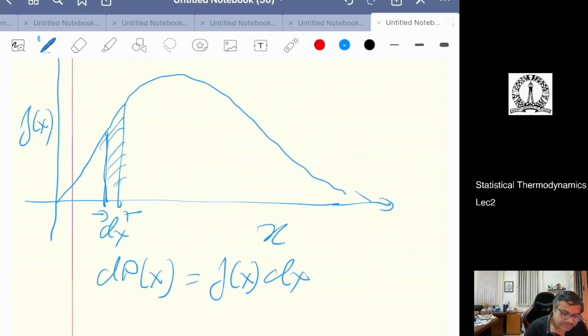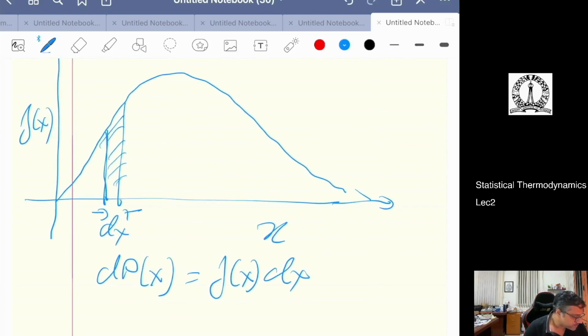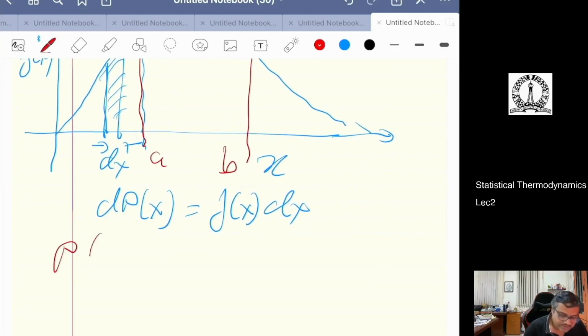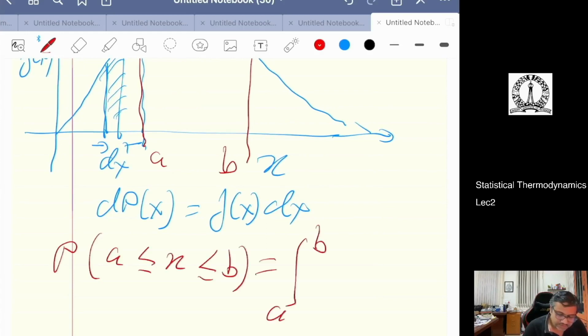And if I have these markers, let's mark a point A, and then mark a point B in this graph. Okay? The probability of x being greater than or equal to A and less than or equal to B is given as the integral from A to B of f(x) dx.